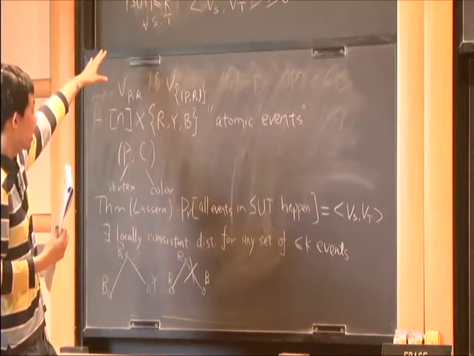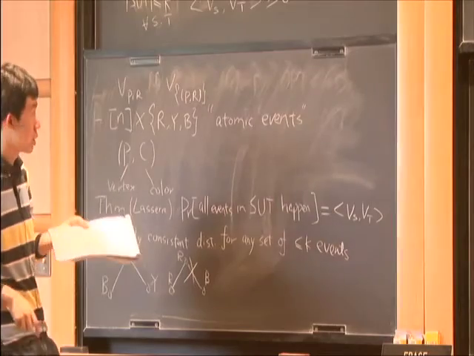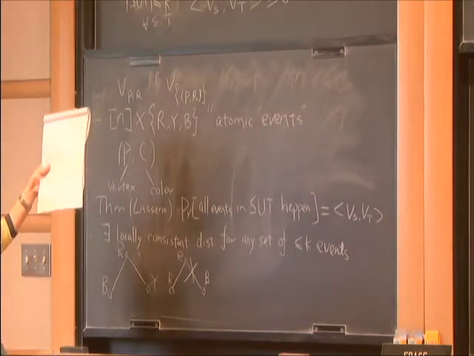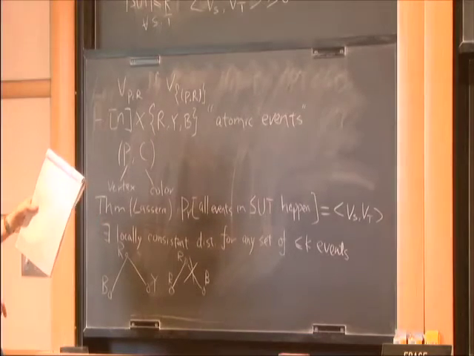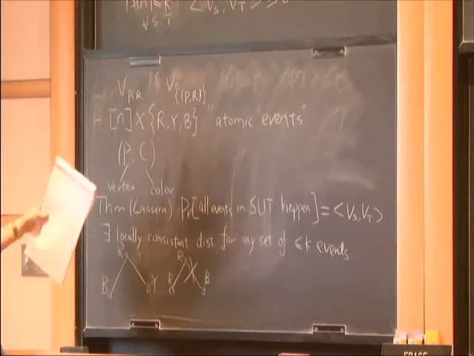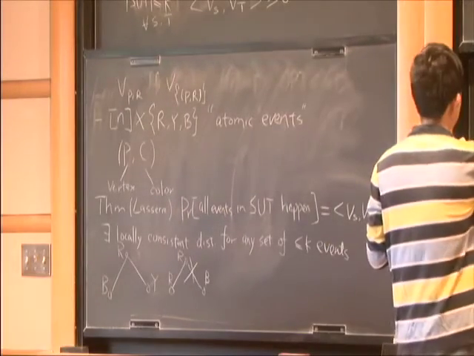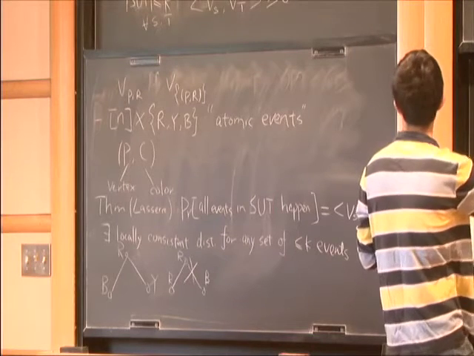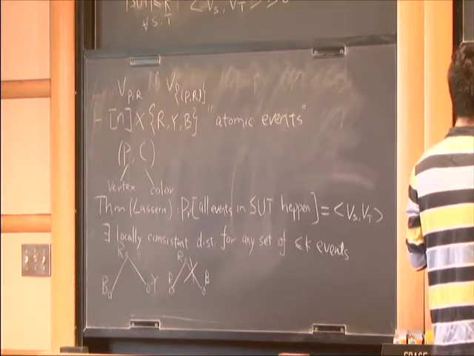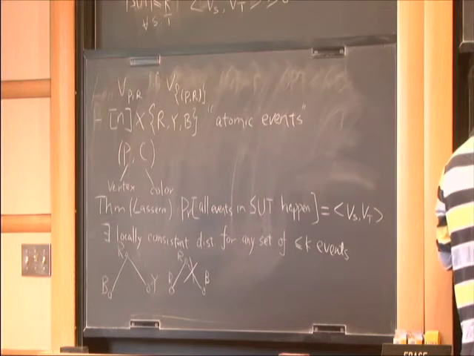So now we have this SDP. What's the idea of rounding? Well, if you solve this SDP and somehow you are very lucky, you get an integer solution, then of course you are done. For each vertex you have 3 vectors, blue, red, and yellow.